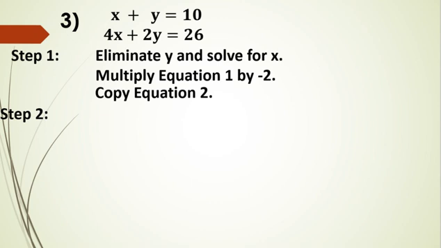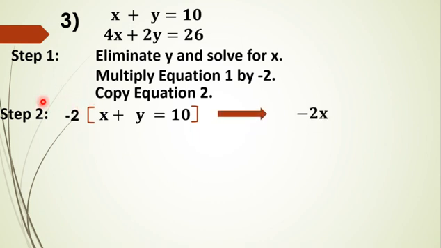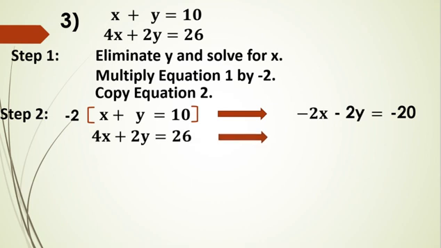Step number 2. Yung equation 1, i-multiply natin sa negative 2. We will have negative 2 times x, negative 2x. Negative 2 times positive y, negative 2y, equals negative 2 times positive 10, negative 20. Then, we will just copy equation 2.